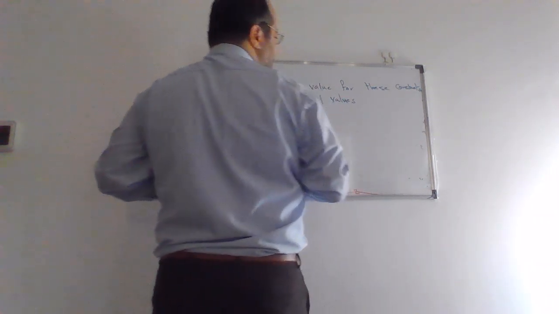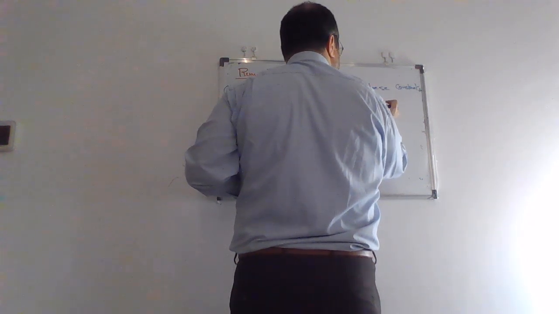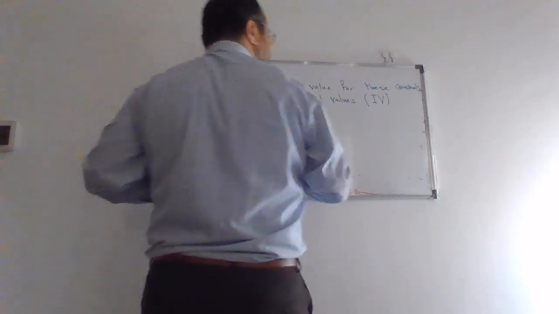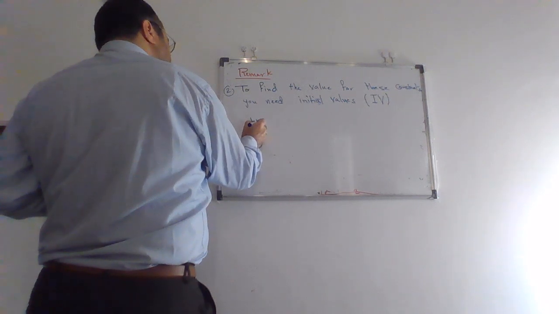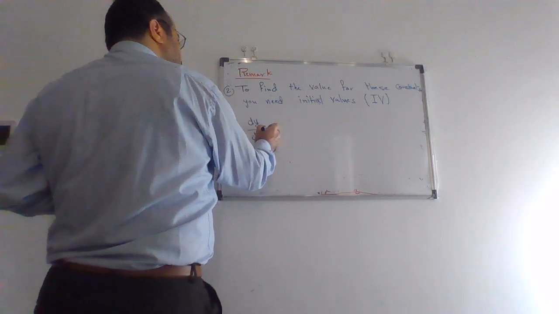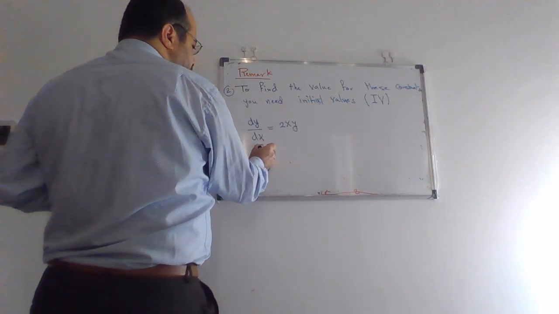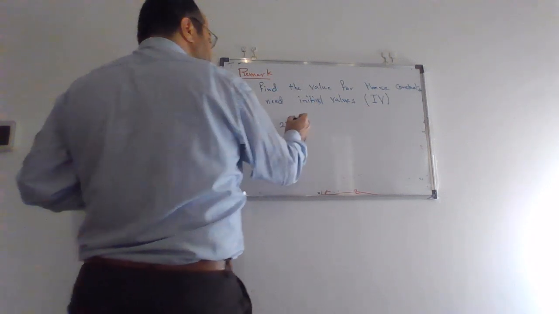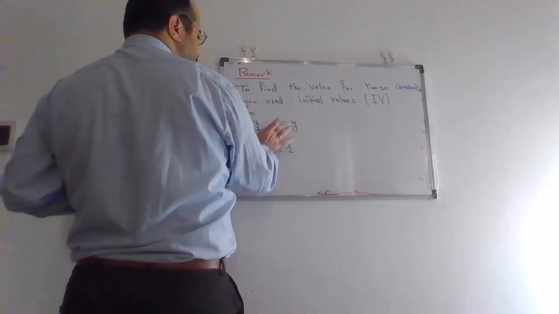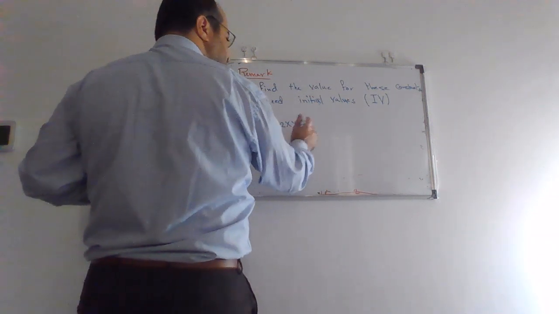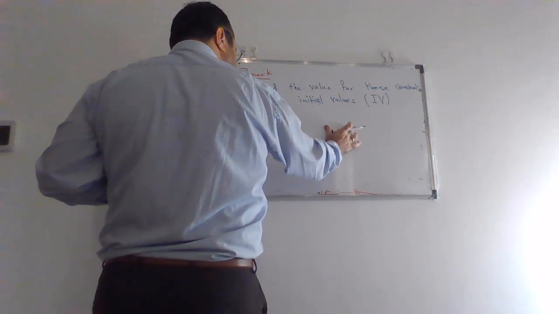For example, if I give you a first order equation dy over dx equals, say, 2xy, and I give you y of 0 equal 1, and I say solve, then this is going to give you a y, and y is going to contain one constant of integration.